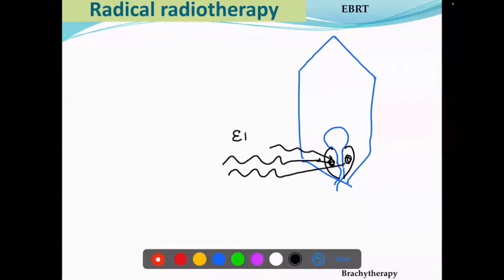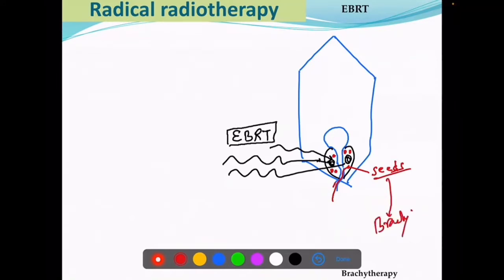This is known as EBRT, external beam radiotherapy. Sometimes we can also put radioactive substances, like seeds, directly into the prostate. This is known as brachytherapy. So radiotherapy is applied either as external beam radiotherapy or as brachytherapy by putting in radioactive seeds.